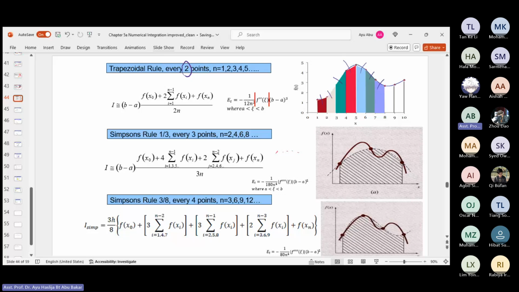Higher order, lesser error. Let's say your segment is only one segment. Let's say this is your A, this is your B. If only one segment, it only involves one trapezoid.